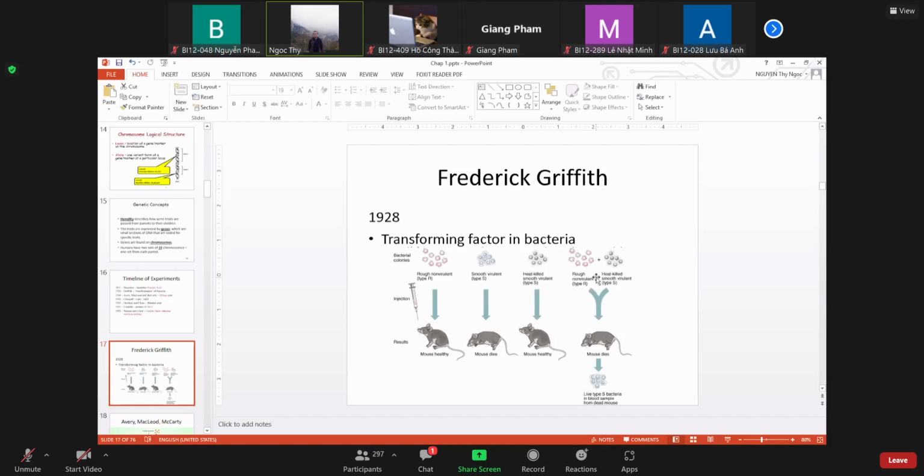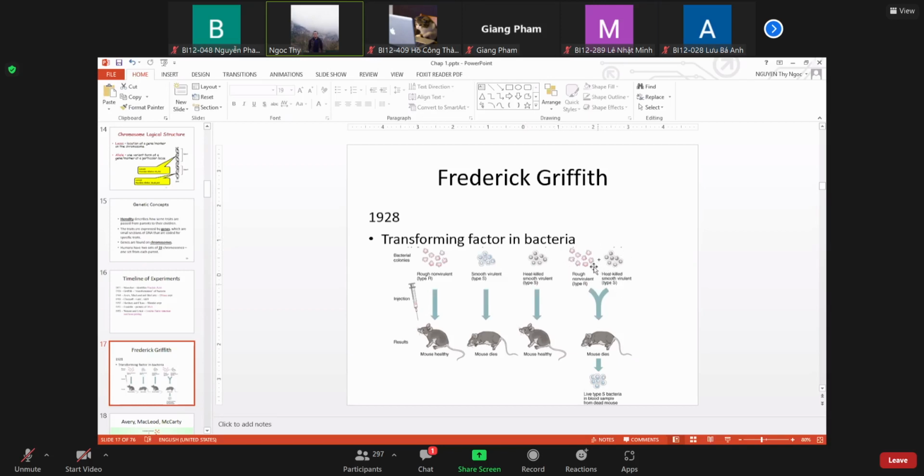And in the final experiment, he mixed a combination of the type R, which is not toxic to the mouse, and the type S, which is deadly to the mouse, but had been pre-treated, killed with heat.